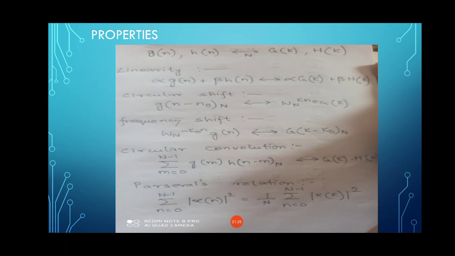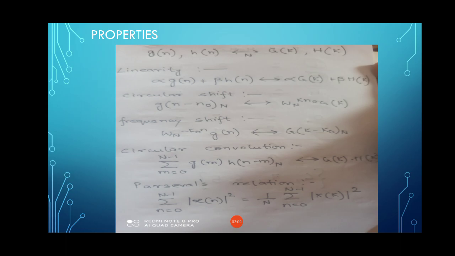The change is due to the fact that W_N itself has consumed a negative power. So there is a change in the polarities of the powers of W_N. Everything else remains the same, and the proof is also the same as we have done in the case of DTFT.